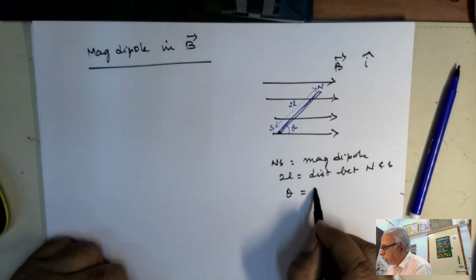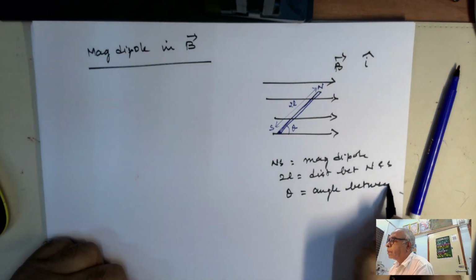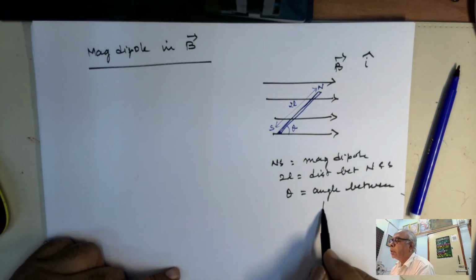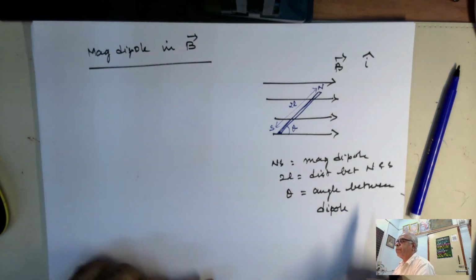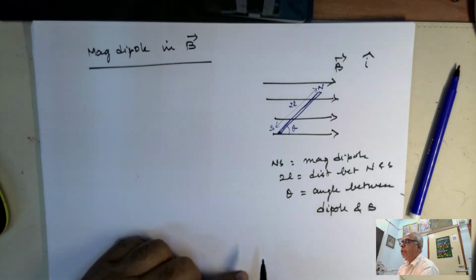Theta is the angle between the dipole moment and the B, magnetic field.